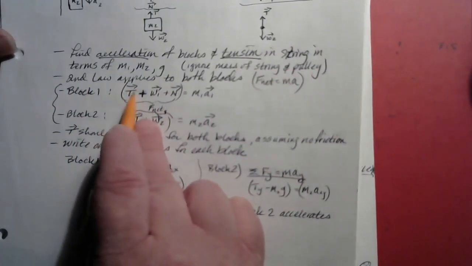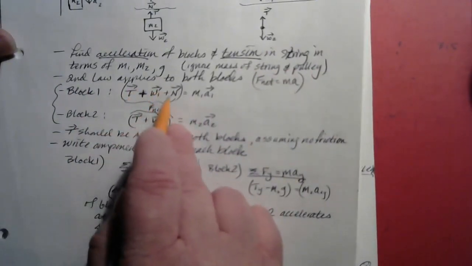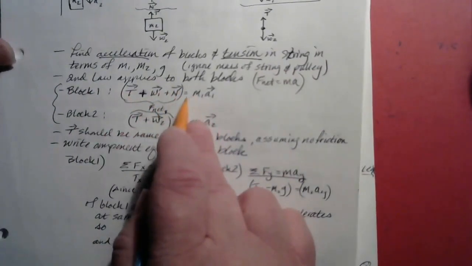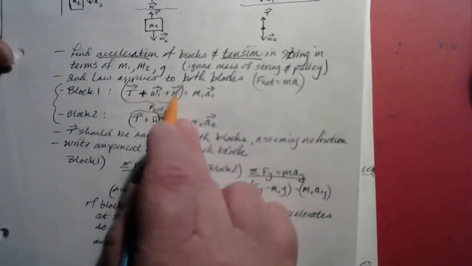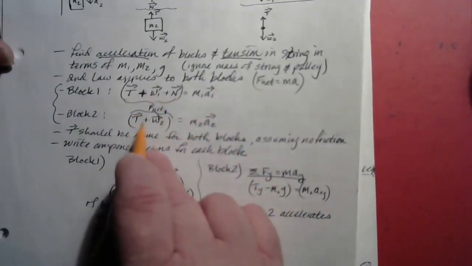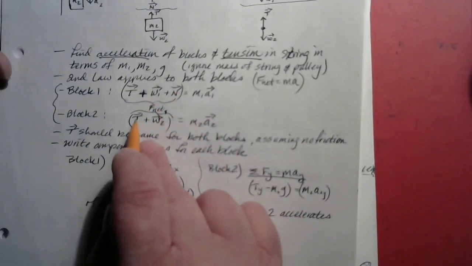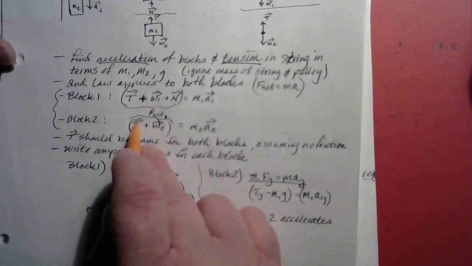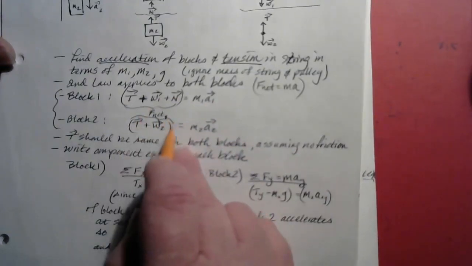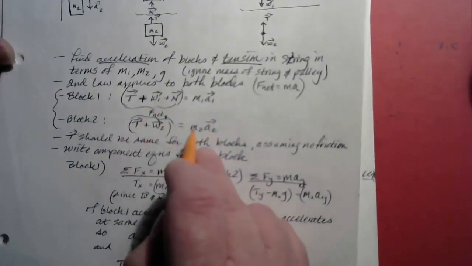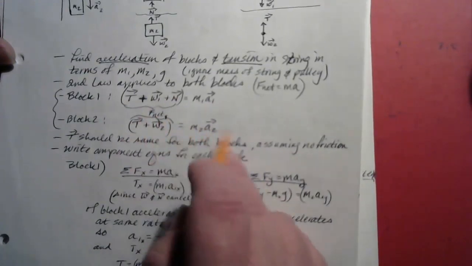So the force of the tension plus the force of the weight plus the normal force equals the mass times acceleration of block 1. That's F net. Okay. For block 2, the force of the tension plus the weight of block 2 would be the net force on block 2, and that equals the mass times acceleration for block 2.